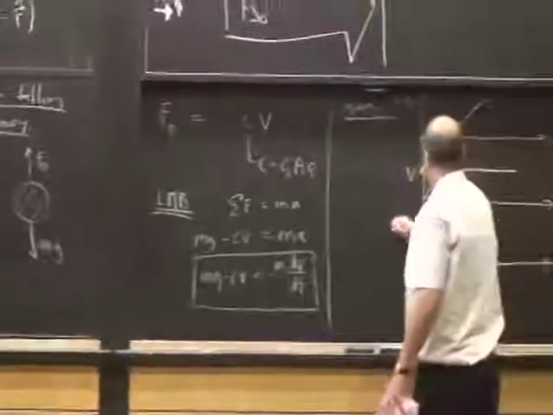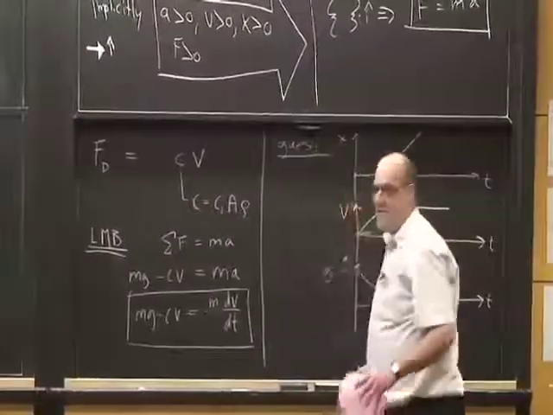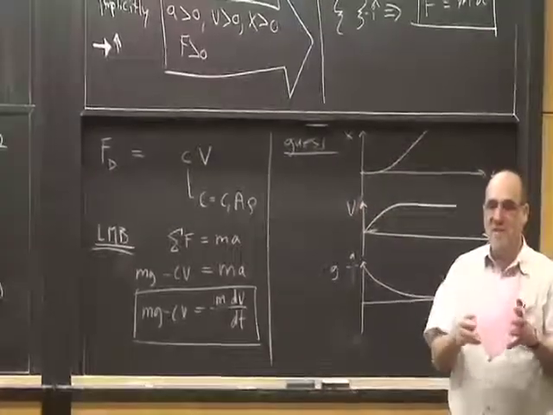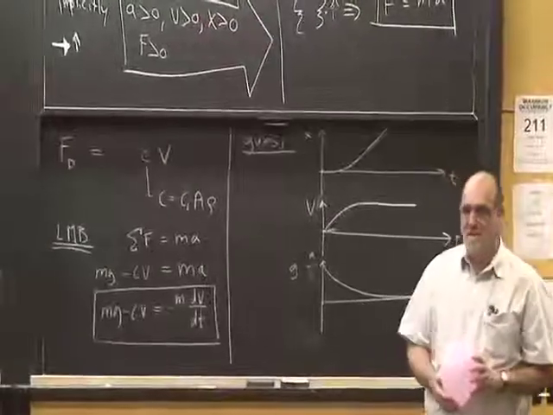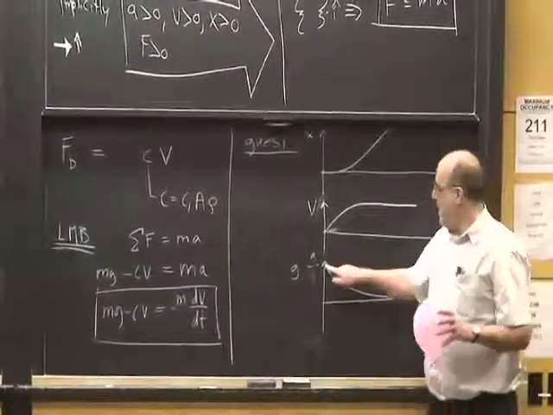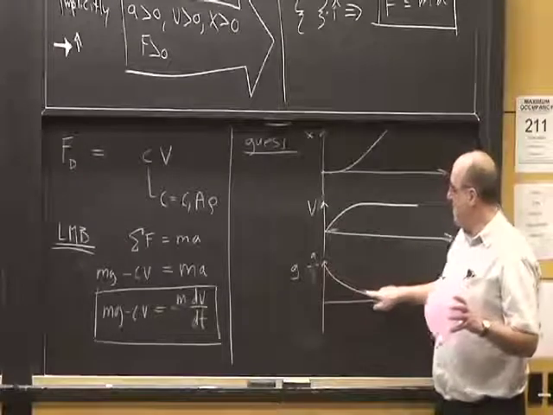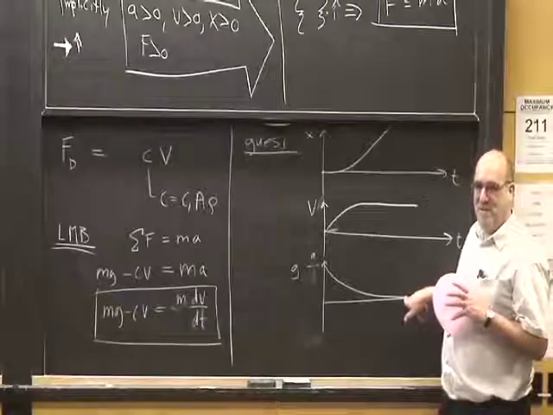The value of this acceleration right at the start is g. It starts with a downwards acceleration of g. Then the faster it goes, the less it accelerates until the acceleration drops to 0. The acceleration has to start here, and then as it goes faster and faster, the acceleration gets less and less until the gravity force balances the drag force.